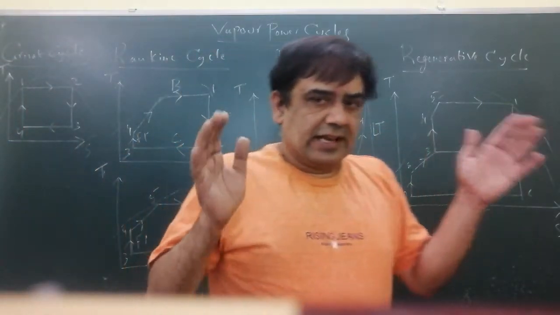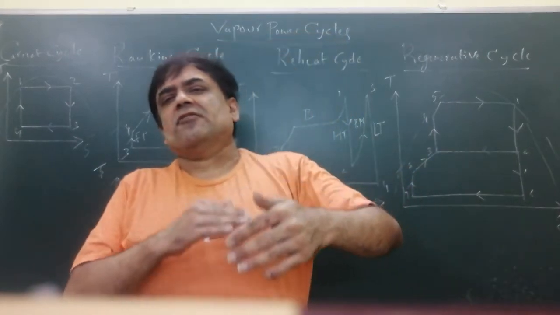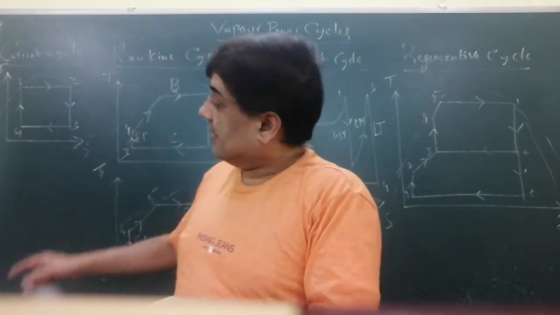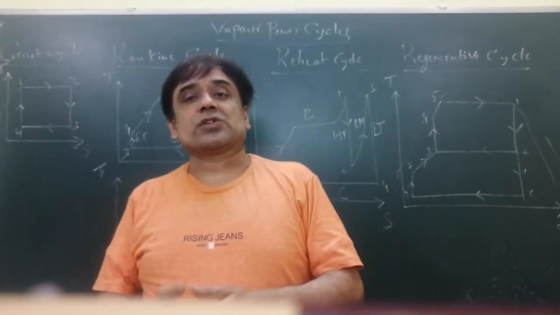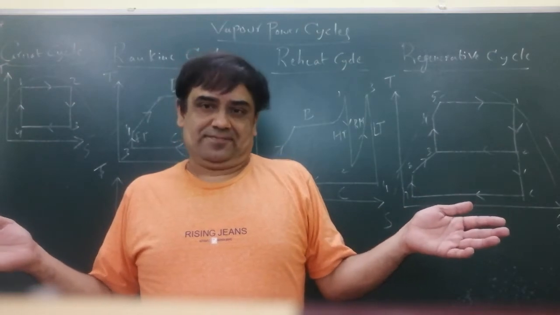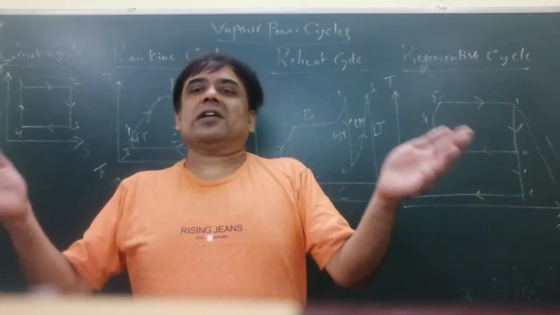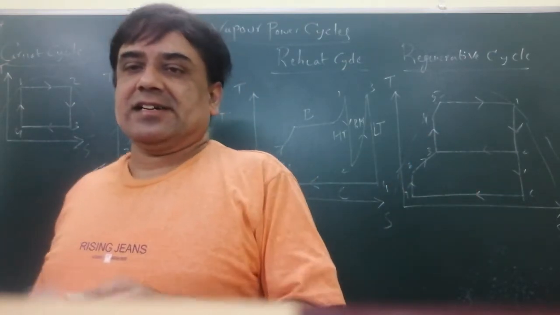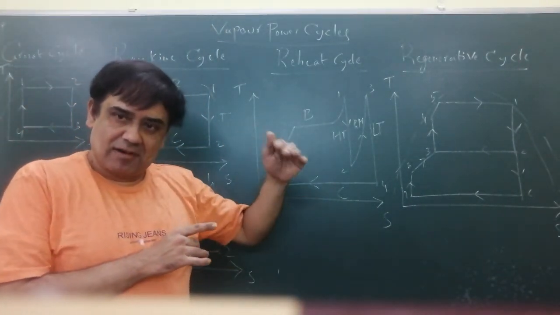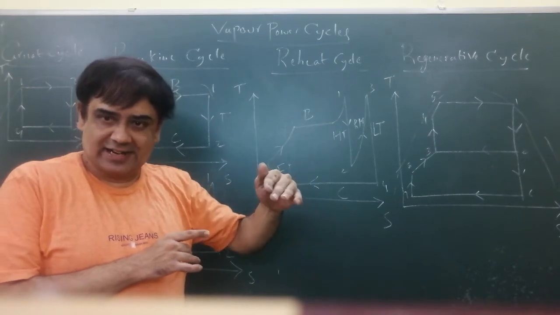While taking the theory of heat engines, we totally depend on the function of an engine. But here, when we take up the relevance to steam or vapor power cycles, unquestionably, what are the principal components? One is the feed pump, boiler, steam turbine, condenser.